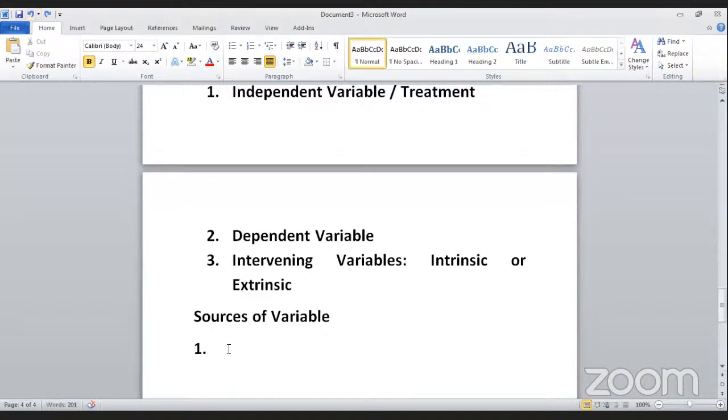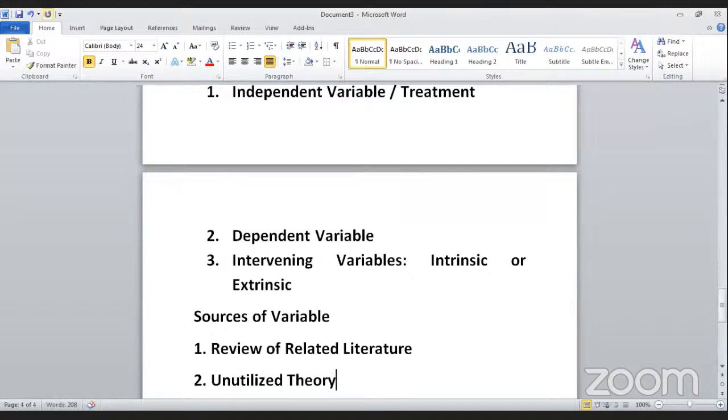So the basis of formulating the hypothesis is review of related literature and unutilized theory.